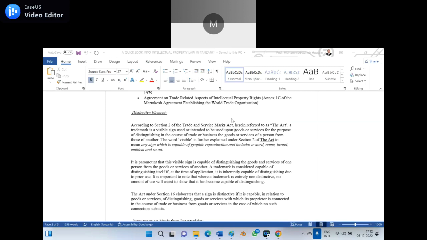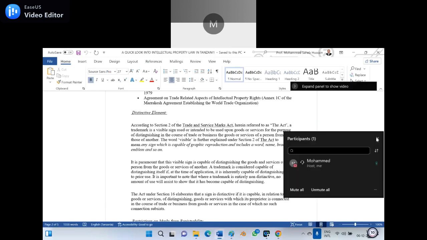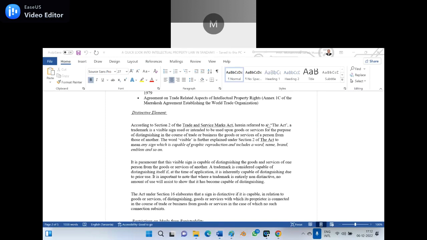According to section 2 of the Trade and Service Marks Act, herein referred to as the Act, a trademark is a visible sign used or intended to be used upon goods or services for the purpose of distinguishing, in the course of trade or business, the goods or services of a person from those of another.